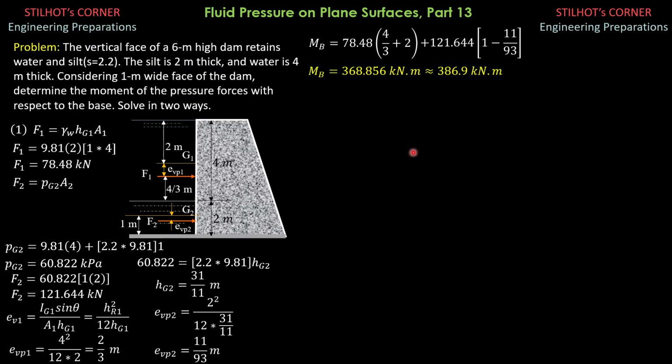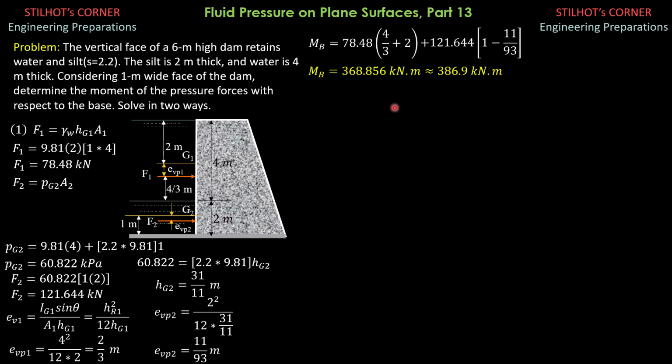So that is rounded off to 386.9 kilonewton meter to four significant figures. So that's the moment at B using the first way of solving the problem.